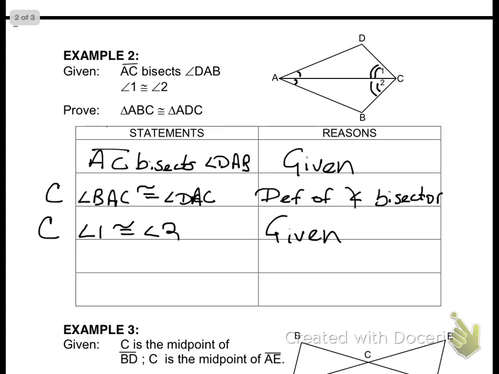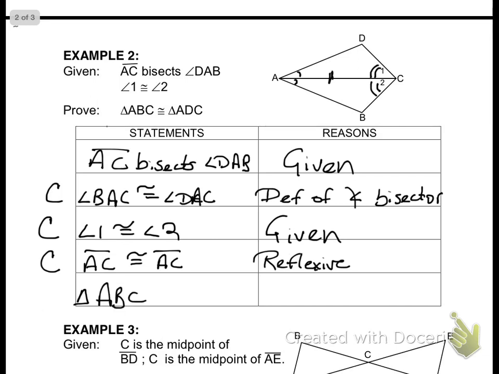Well, again, we're going to look for a reflexive side, a shared side. So we have another congruency because we can say that AC is congruent to AC, which is reflexive. Okay. And then our proof statement, triangle ABC is congruent to triangle ADC. And in this case, it's angle, side, angle.